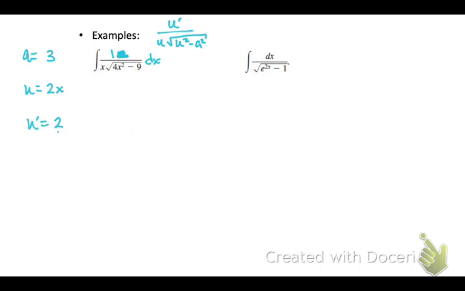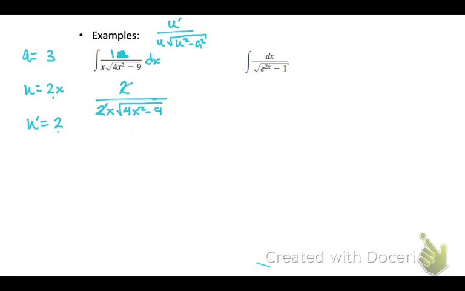And we don't have a 2 for the 2x for U. So what happened to that 2 and that 2? They reduced, right? It wasn't anything extra added in. It actually just reduced out. So I'm going to write it out just so we can see it. So we have 2 over 2x, the square root of 4x squared minus 9. So these 2's reduced out, and we do have what we need, right?